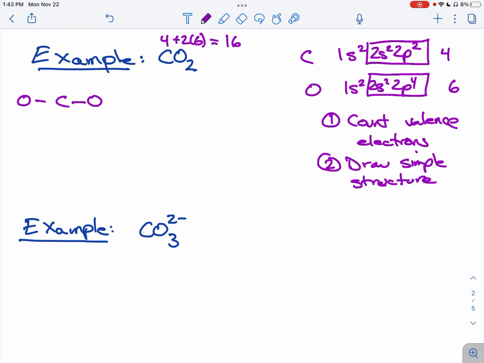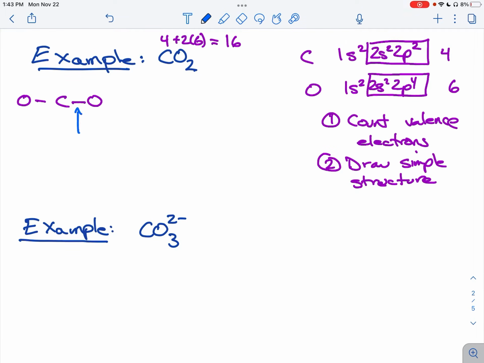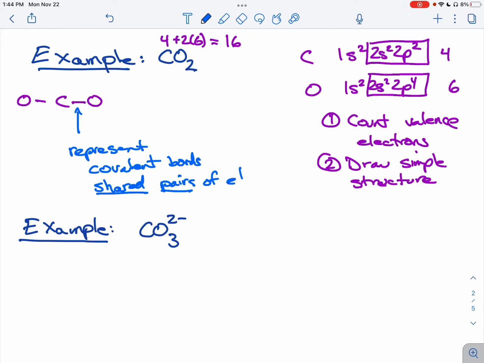The lines that we're drawing here represent covalent bonds, and covalent bonds are shared pairs of electrons. The theory for this I'm not covering in this video because we're just doing the nuts and bolts of how to draw the structures. There are good reasons why we think of shared pairs of electrons as a covalent bond, but I'm not getting into that.